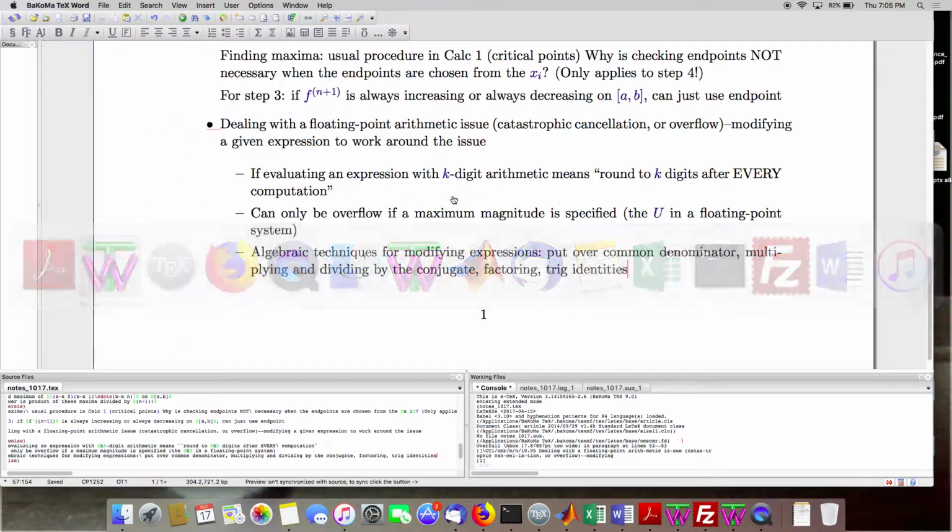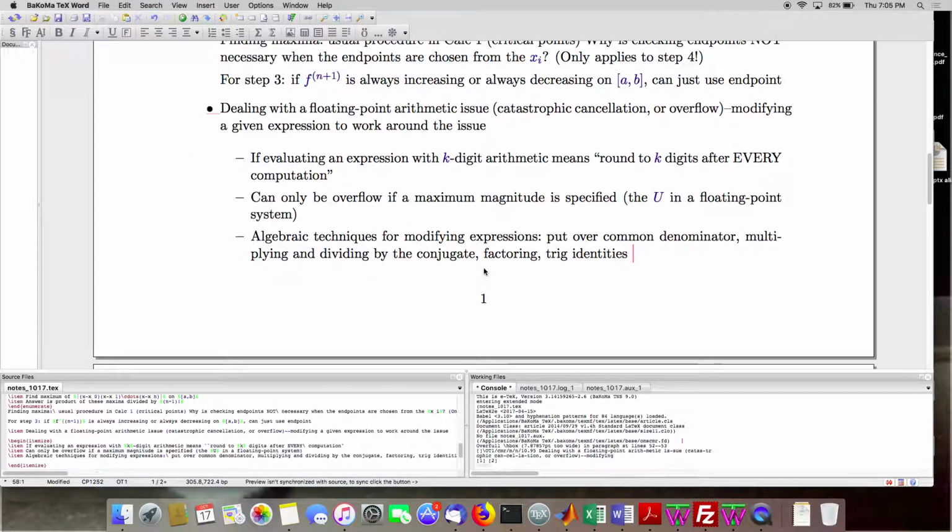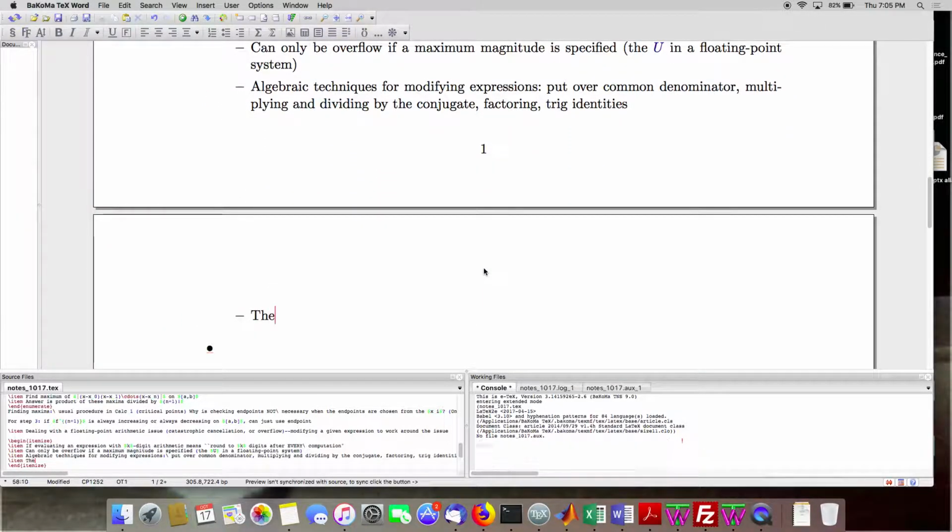Now, another important point to make. Whatever issue it is, they don't occur all the time. These expressions are functions of various parameters.